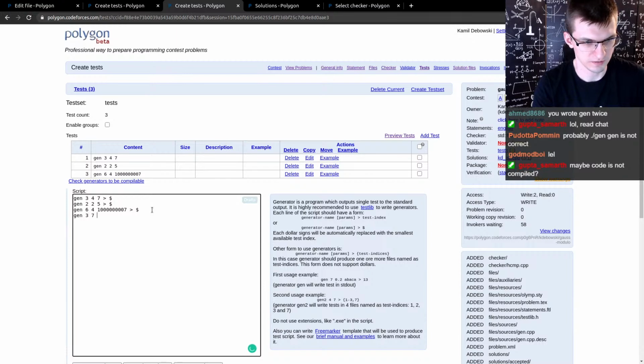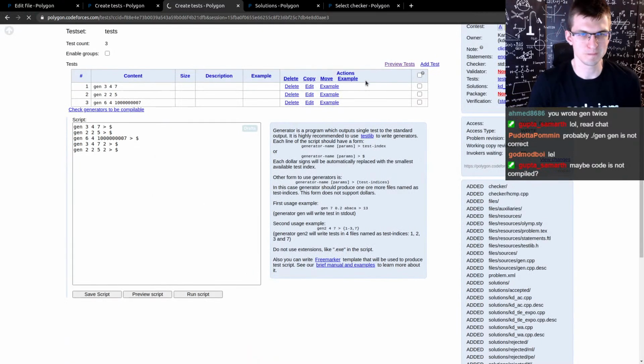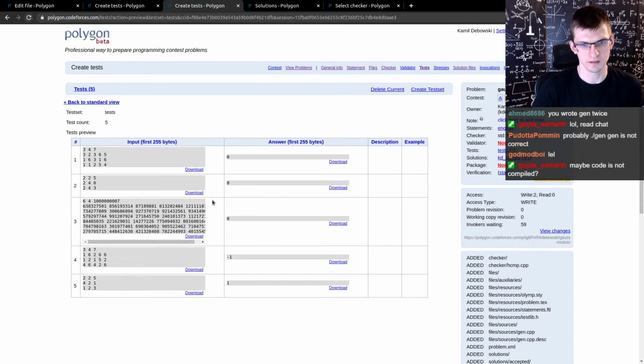We can try another group of tests with different seeds. I expect that now something else will happen. Yeah, -1, 1. So those are the same parameters like here, just different seed.